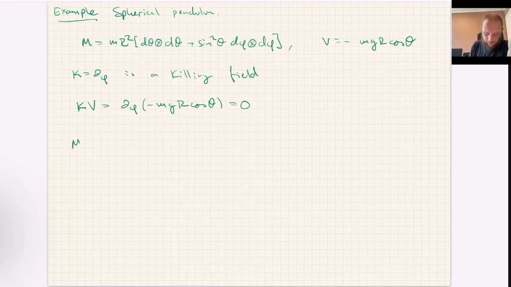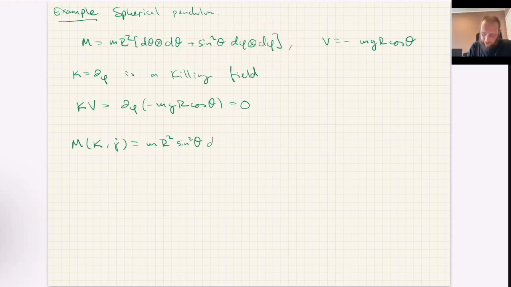If we look at the quantity m k gamma dot, what is that? Well, k was d phi, so we have m r squared. If I insert d phi into the first argument, that is equal to 0, because theta d phi is 0. And then I have a sine squared theta from this, and I get a 1 from inserting the phi there, and I have the theta left.